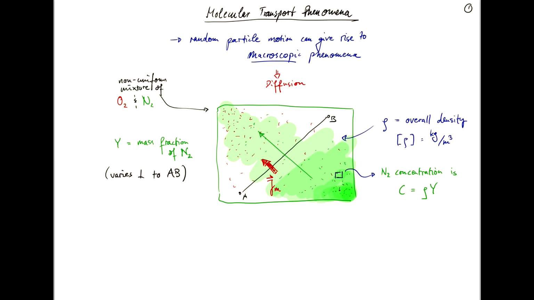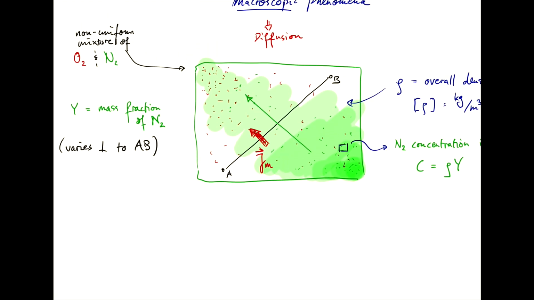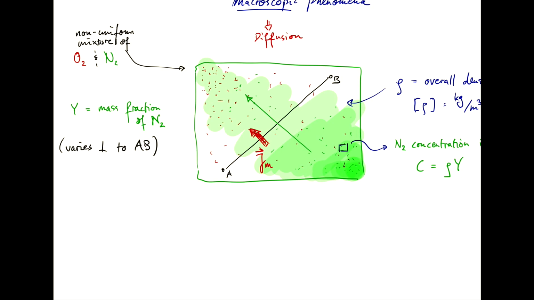And now we have all the ingredients really we need to describe how fast this flux is. Namely, Jm is proportional to minus the gradient of the concentration, which is minus rho times the gradient of Y.